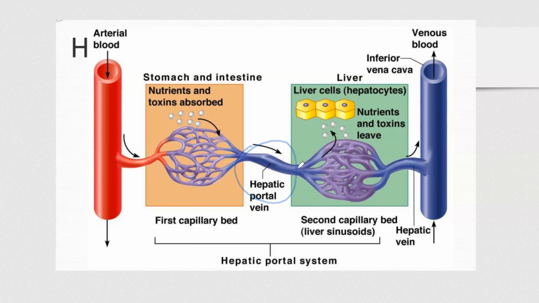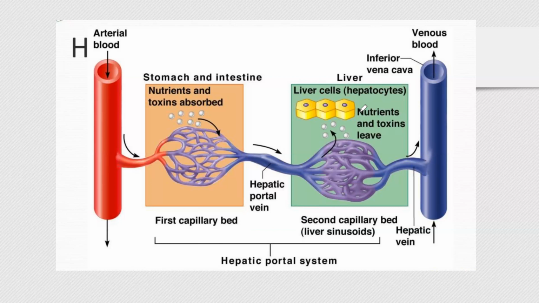Now, the hepatic portal vein brings blood to the liver. Inside the liver, it will split into capillaries again, right over here. So it will be a second capillary bed. So we have the first capillary bed and we have the second capillary bed.